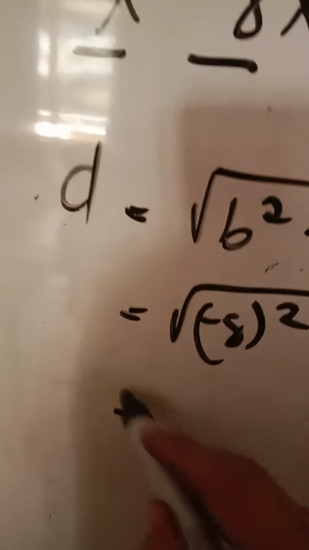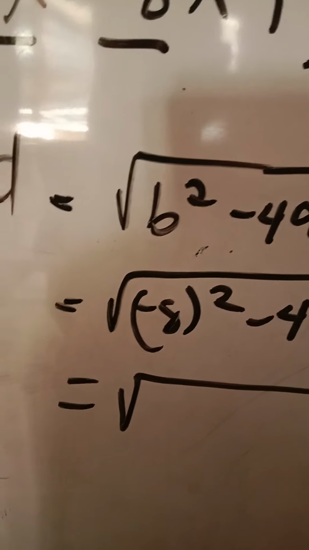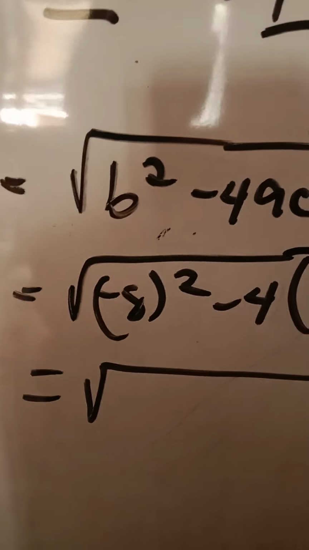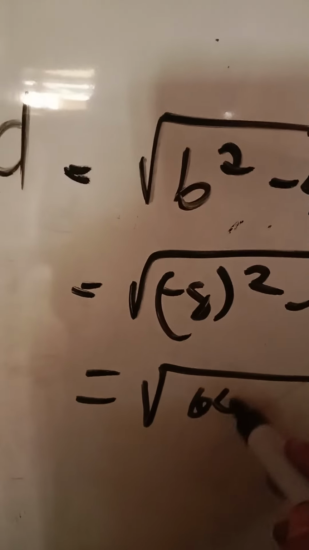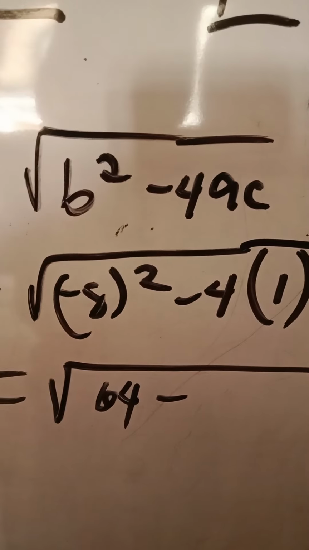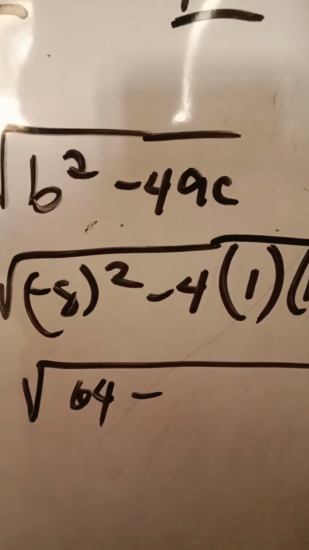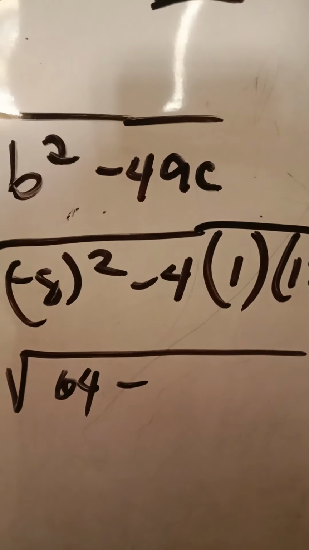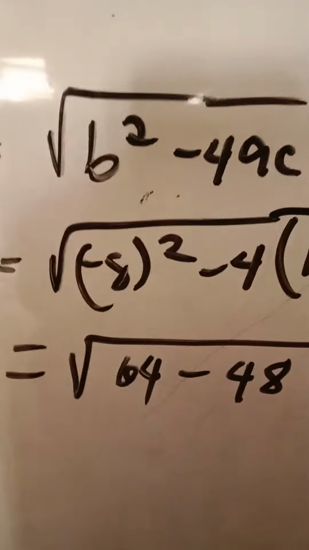Simplify: negative 8 squared is 64, minus 4 times 1 times 12, which is 48.